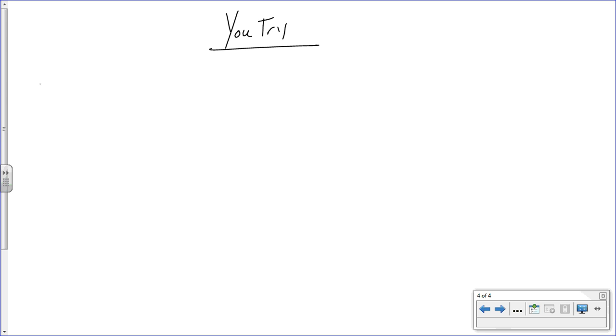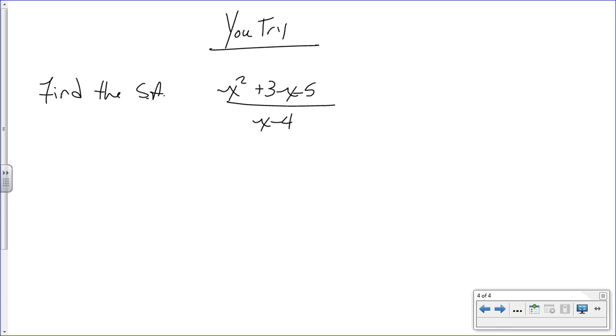Find the slant asymptote for x squared plus 3x minus 5 all divided by x minus 4. First, figure out if it has one, and if it does, find it. So go ahead and pause the video for a moment, figure this out, and come back.